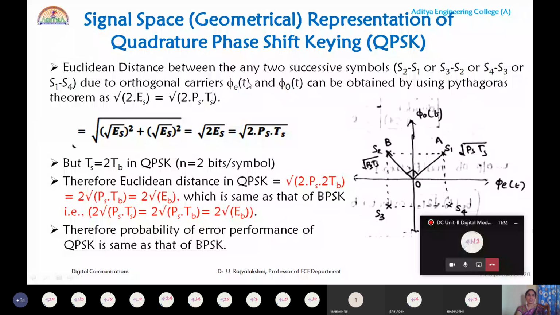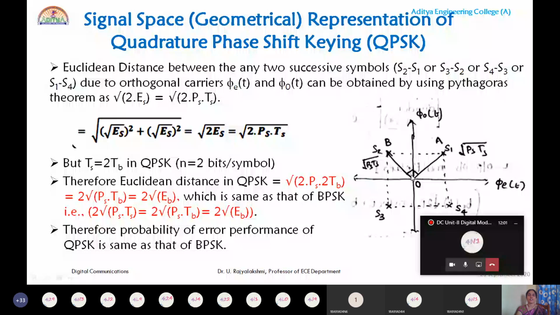And we discussed the same in the last class. Here I told you that using the signal space representation, also called the constellation diagram, you can calculate the Euclidean distance. So Euclidean distance is the distance between two successive symbols. You can take the distance between S1, S2 or S2, S3 or S3, S4 or S4, S1. But what is the phase difference between any two successive symbols?